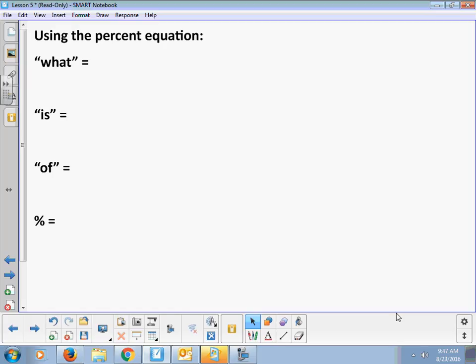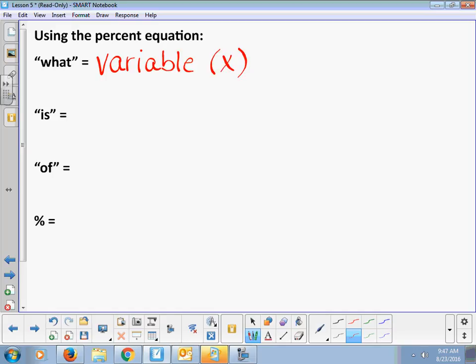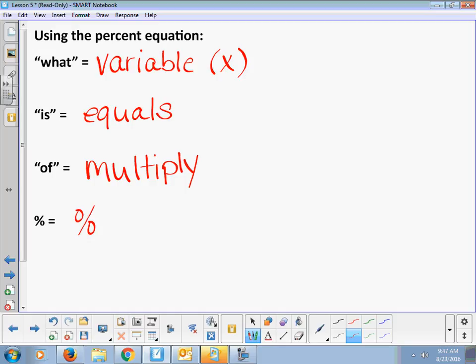When you see the word what, think of your variable or x. When you see is, that's going to be your equal sign. Is means equals. Of means multiply. And percent is your percent, and you want to write that as a decimal.